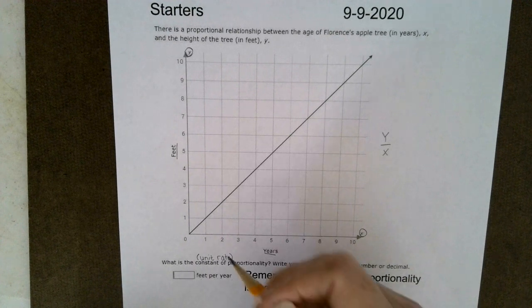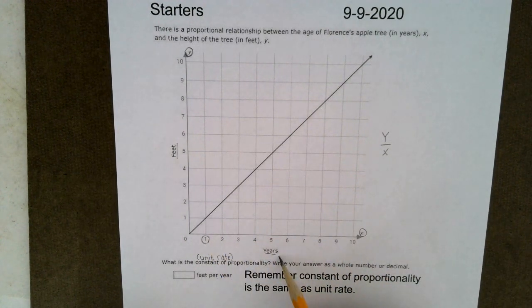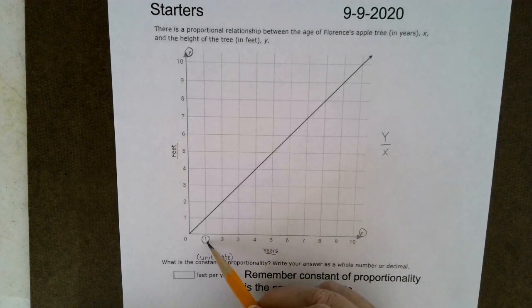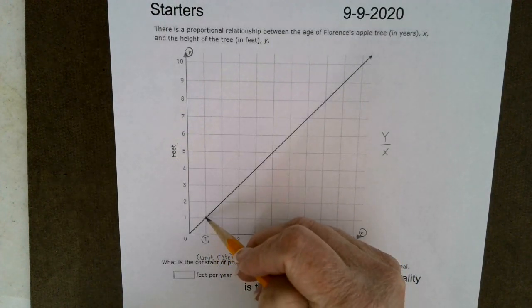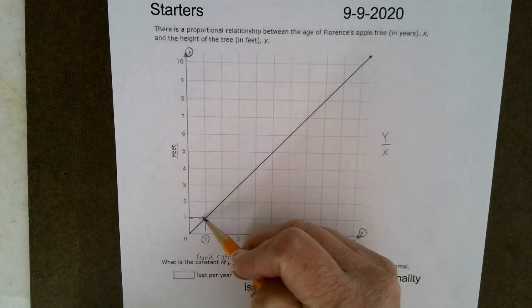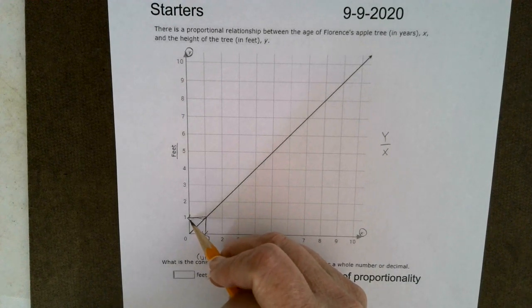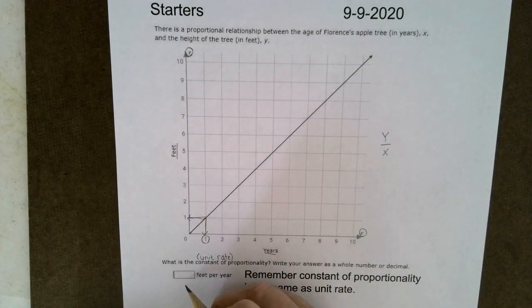The easiest place to go if we're looking for a unit rate of 1 year, if you go to the 1 year and then you come up to where this line crosses. So for 1 year, it's 1 foot. So it's 1 foot per year.